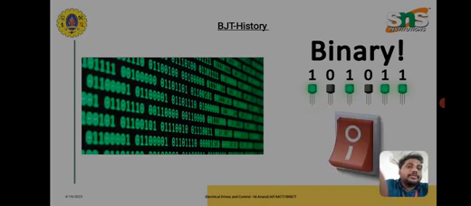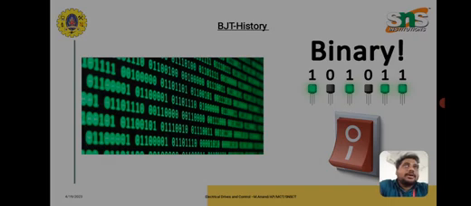In some of the electronics which you have already seen in day-to-day life, we have two modes, that is 0 and 1. 0 is equivalent to the off state, 1 is equivalent to the on state. That combination of zeros and ones is called a binary digit.